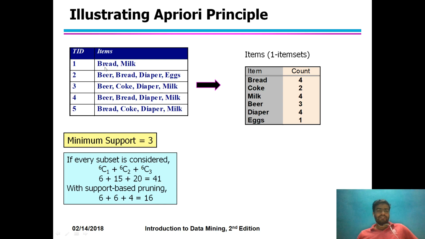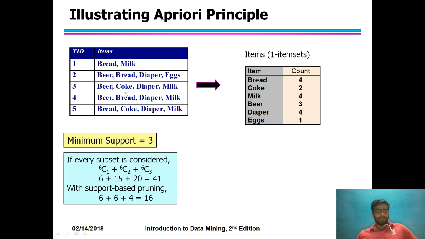Now count in every transaction how many times bread has occurred. Bread has occurred in 1, 2, 3 and 4, so its support is 4. Coke occurs in transaction ID 5 and transaction ID 3, so Coke has occurred only 2 times. Milk has occurred in 1, 2, 3 and 4, so the support count for milk is 4.